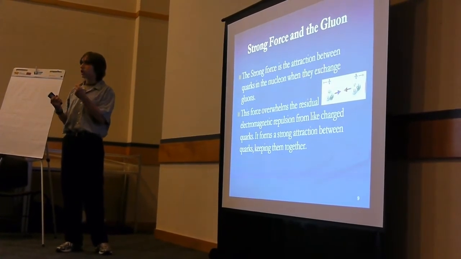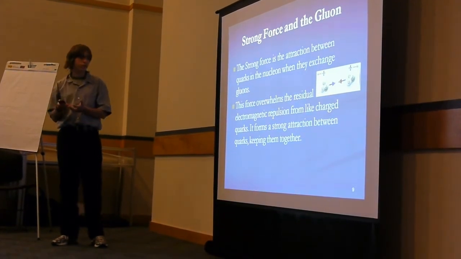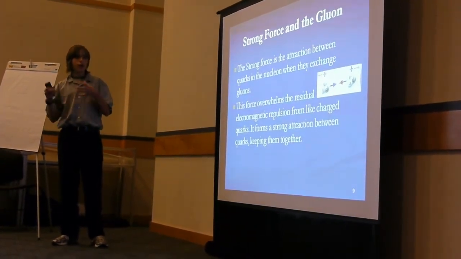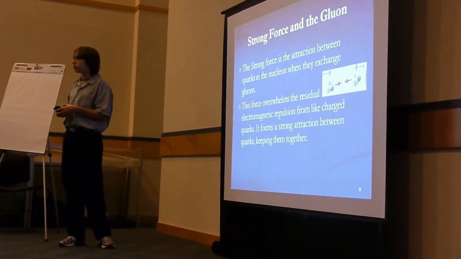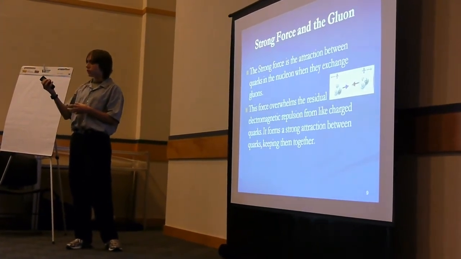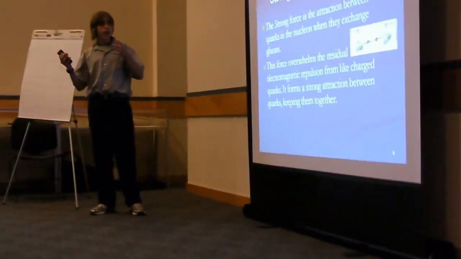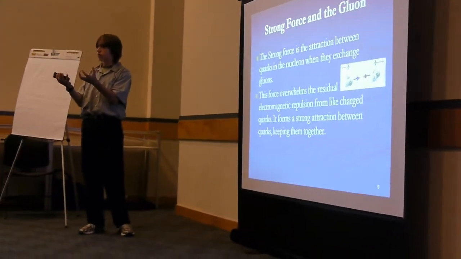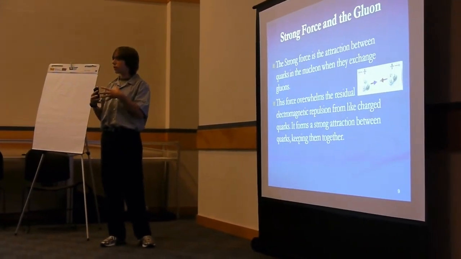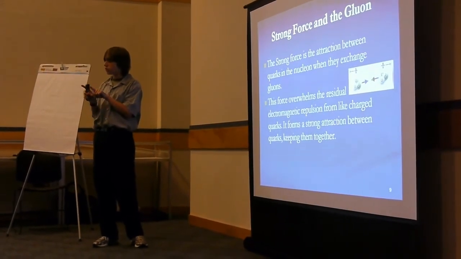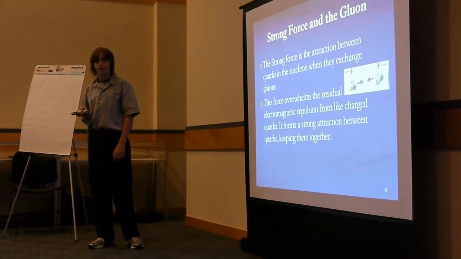When quarks exchange these particles, it creates the strong attraction between these particles. Now, what keeps the nucleus together is the residual strong force between these quarks. So you have quarks in a neutron and quarks in a proton, or quarks in two protons, and the strong force, the residual, holds them together, whereas the electrostatic force pushes them apart. It holds them together and overwhelms the electromagnetic force.